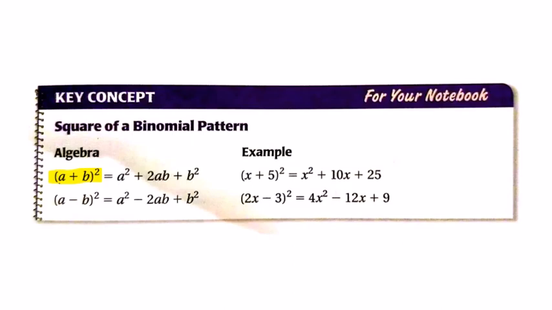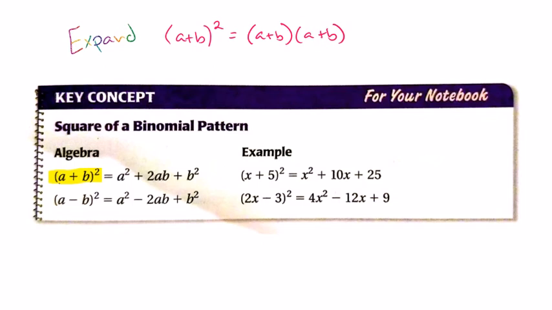Alright, so the very first thing that we're going to look at is the square of a binomial. So this is a pattern. If you have a binomial raised to the second power, instead of having to expand it, a plus b squared, that means I have a plus b times a plus b.